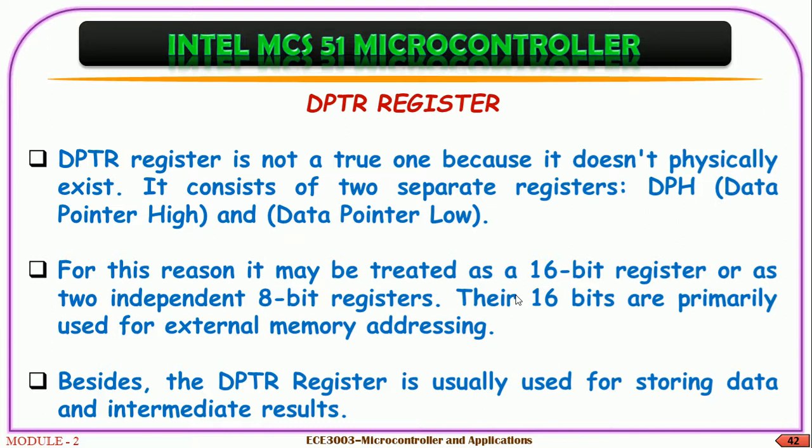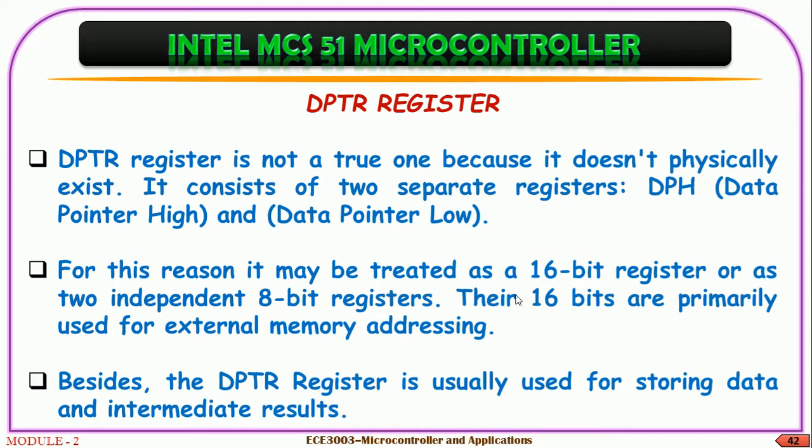Then another register is called DPTR, but it is not a true one because it does not physically exist. It consists of two separate registers, DPH, data pointer high, and DPL, data pointer low. For this reason, it may be treated as a 16-bit register or as two independent 8-bit registers. These are primarily used for external memory addressing.